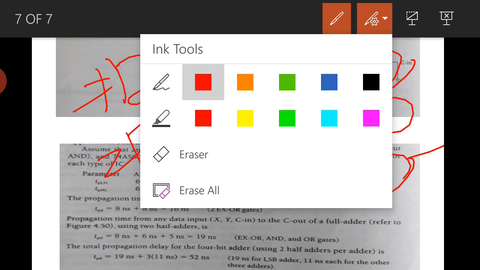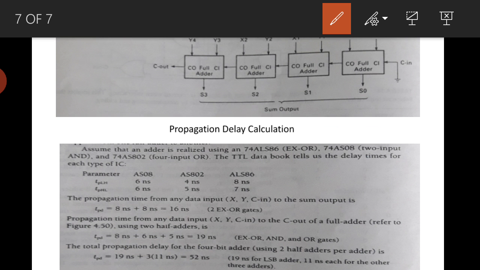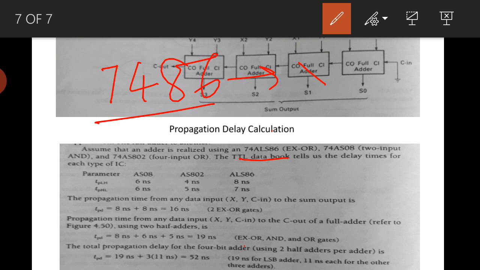Now suppose the XOR gate is 7486. So 7486 is the IC name for the XOR gate. Similarly, for the AND gate 7408 is the IC name.